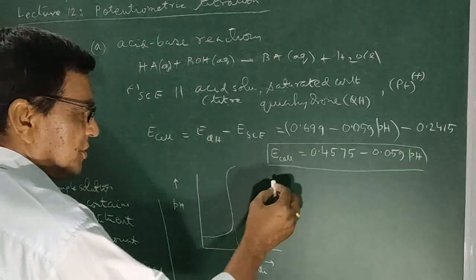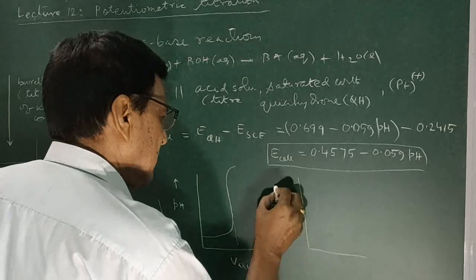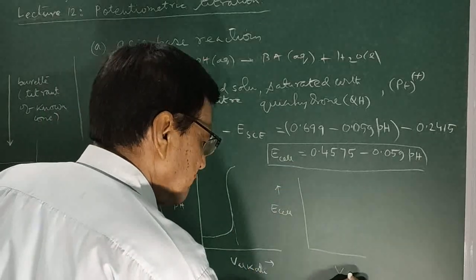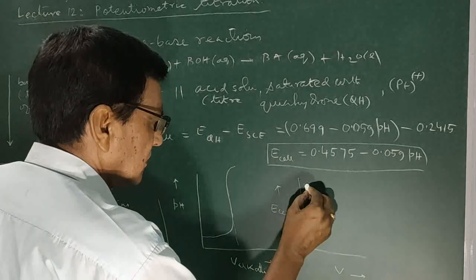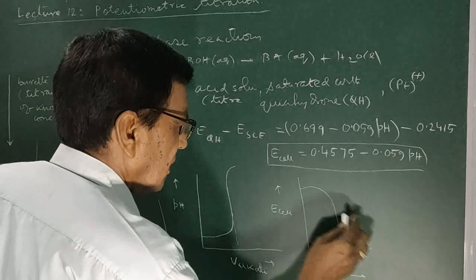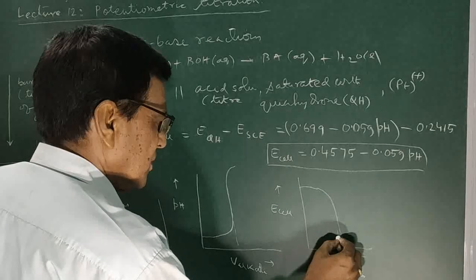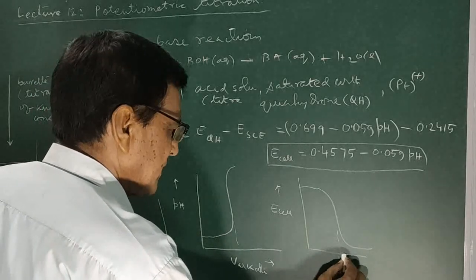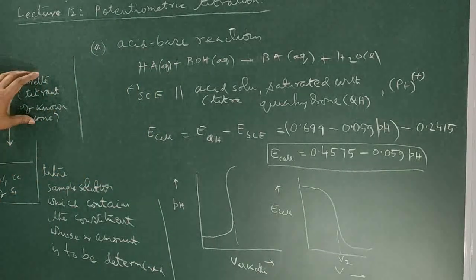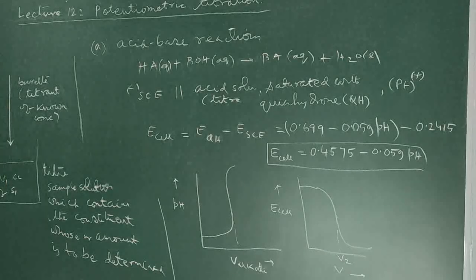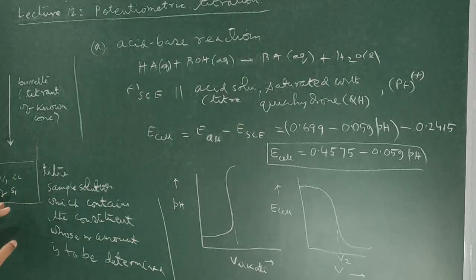And if we plot E cell against volume of alkali, it becomes like that, and this one is the equivalence point. This can be taken as V2. V2 is the volume of alkali required to complete the reaction with this acid taken in a titrate.